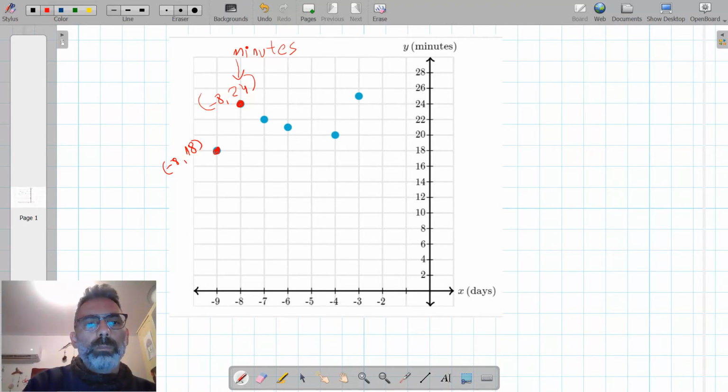So halfway between 18 and 24, the distance between 18 and 24 is 6. 18 plus 3 is 21, so halfway is 21 minutes. So we need to plot a point on -2, which is 2 days ago, and 21 minutes, right?